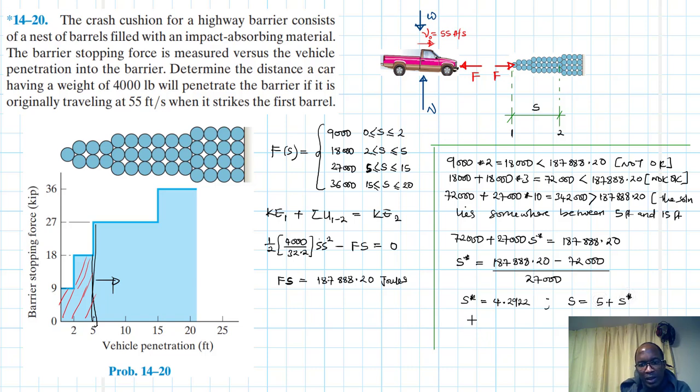And therefore our S, the total deformation or total penetration depth when this car strikes the first barrier, will be equal to 9.22 feet.